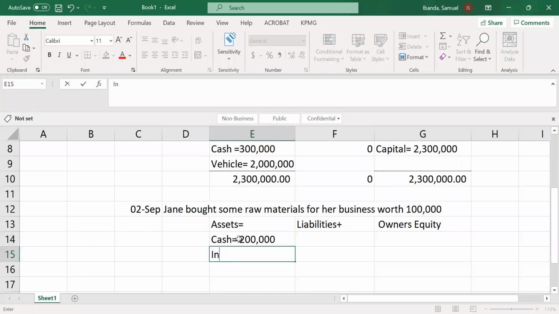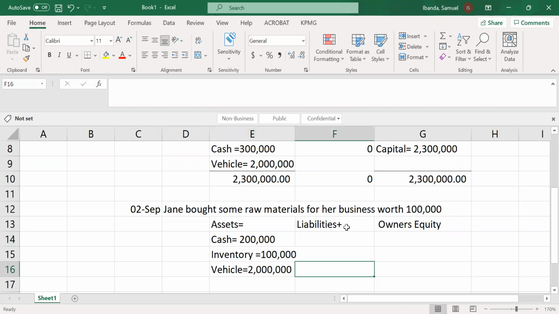And we're going to have another asset called inventory coming in worth 100,000. And then we shall have a vehicle which is worth 2 million.